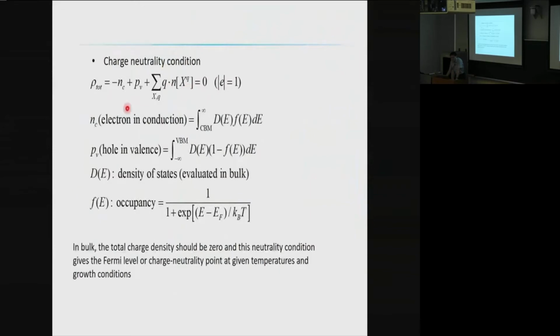So this whole equation has one parameter, the Fermi level. By changing this Fermi level, you can find the one Fermi level that gives you exactly 0, and that is the Fermi level of your system, which is the intrinsic Fermi level. Of course, it also depends on the temperature, so by changing the temperature, you get a different Fermi level.